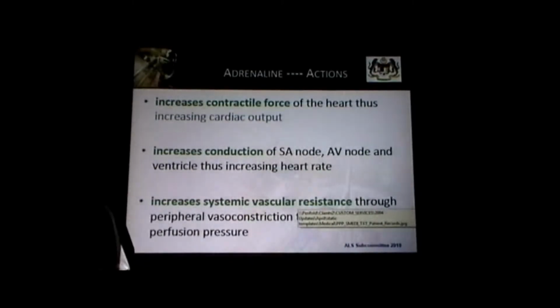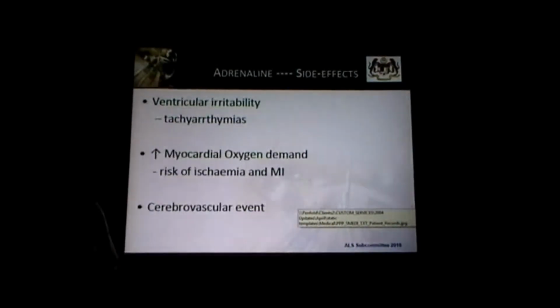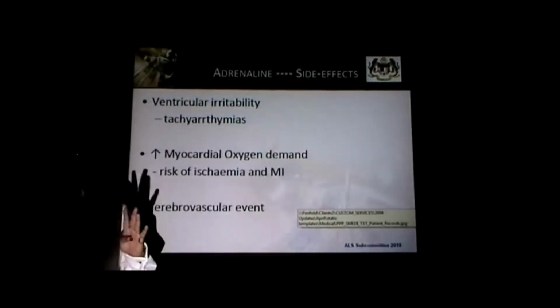Okay, so logically, your adrenaline increases your contractility, increases your SA and AV conduction, and increases the systemic vascular resistance, but remember that it might cause tachyarrhythmia. So one thing you need to remember is don't give IV rapid bolus of adrenaline in a patient with pulse in any condition.